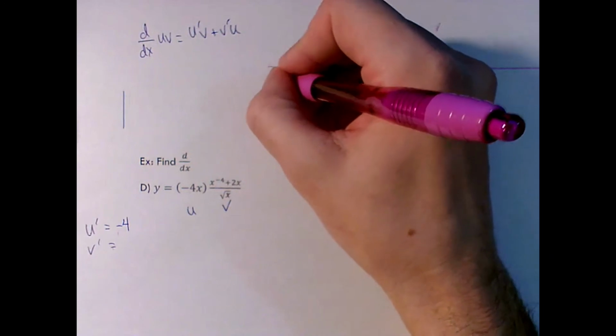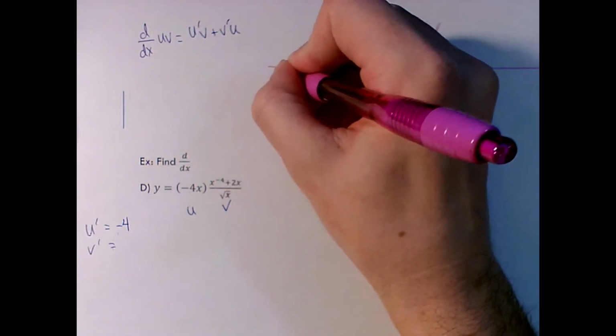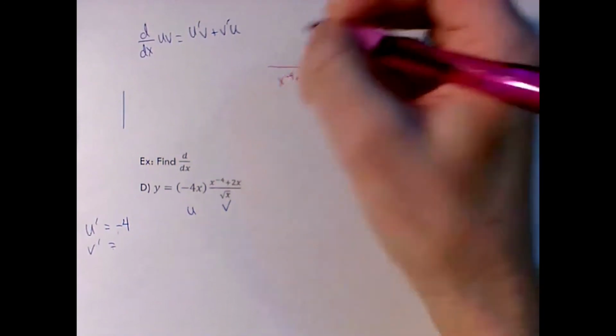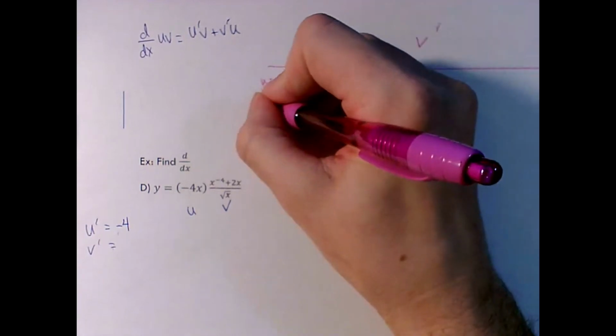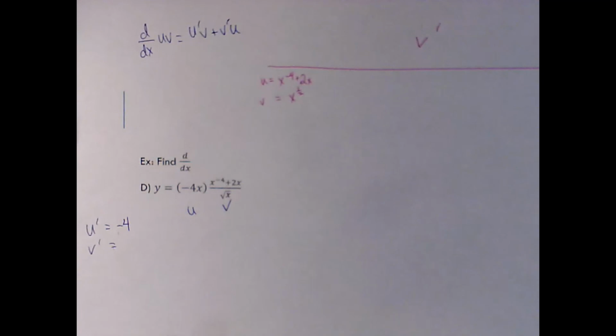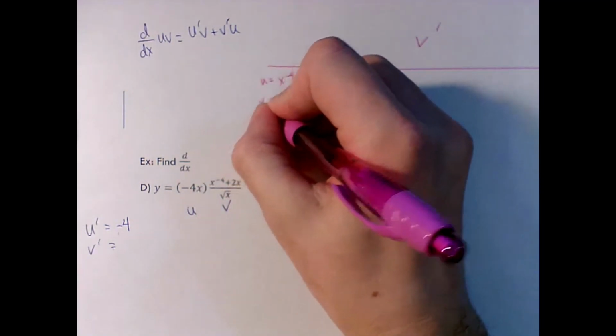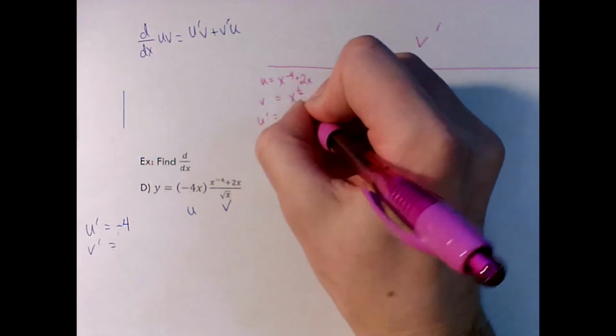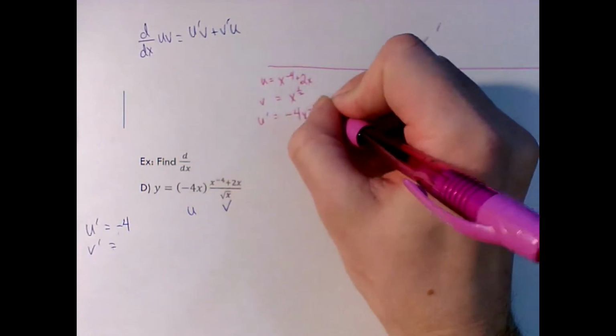So let me rewrite out the original thing. I have x to the -4th plus 2x. That's going to be my U. My V is going to be x to the 1/2, because chances are I'll have to deal with that. U prime is going to be -4x to the -5 plus 2.